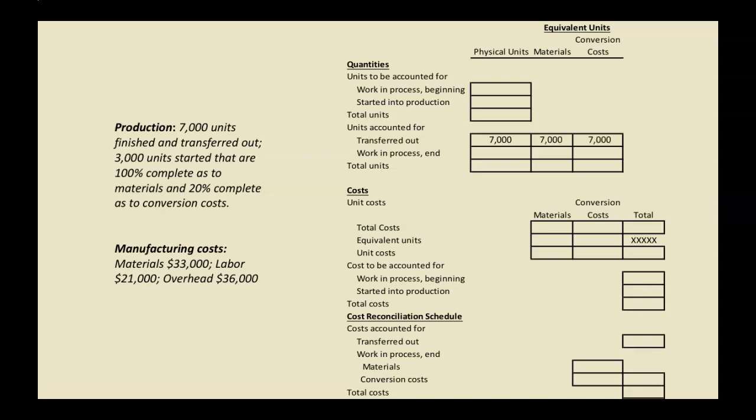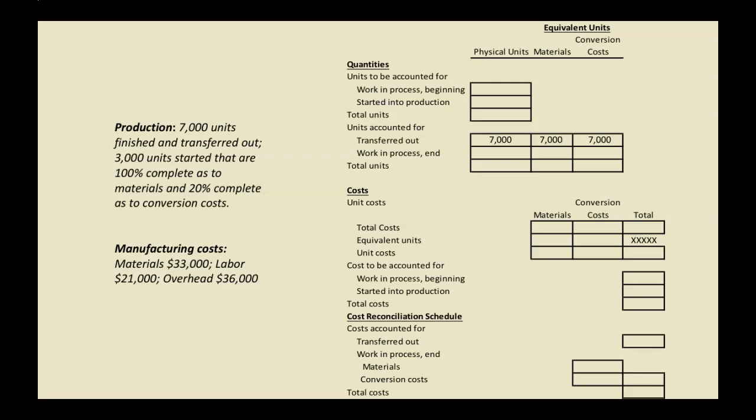Now we can also put the 7,000 across the three different columns here for not only the physical units, but also for both materials and conversion costs. Because if these were transferred out, that means that these units were completely finished. So 100% complete for both materials and for conversion costs.